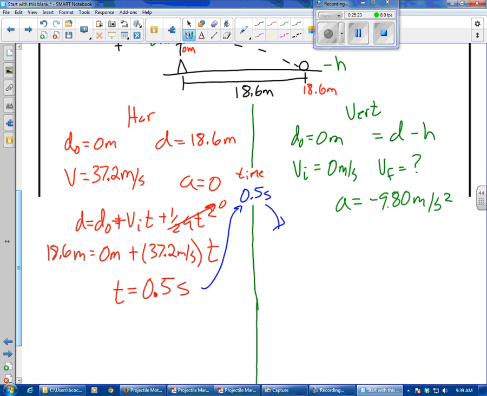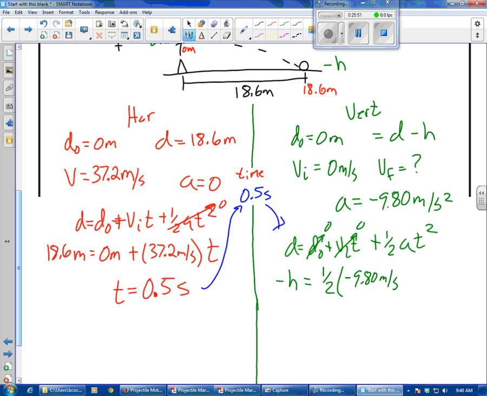So over here, let's see what I know. I want to know where it ends up. I know where it starts. Oh, I'm going to use the same equation. Negative h, y naught is 0, so I'm just going to cross that out this time. V initial 0, so that whole term goes. I'm left with 1/2 times a, which is negative 9.80 meters per second squared, times t squared.